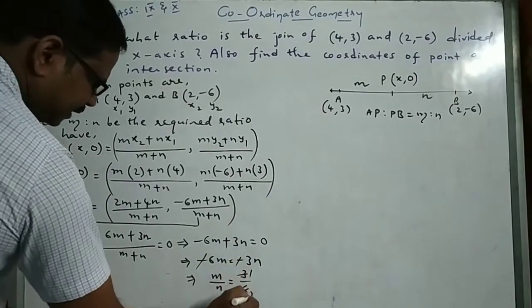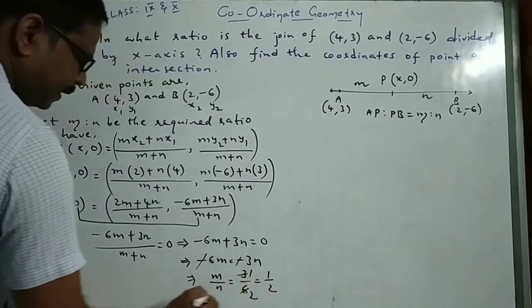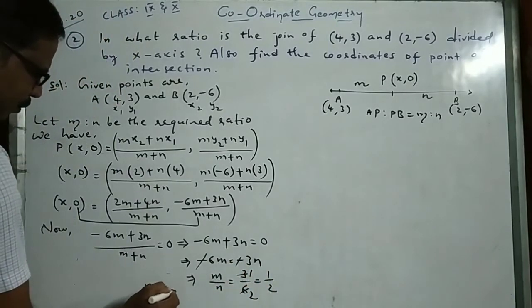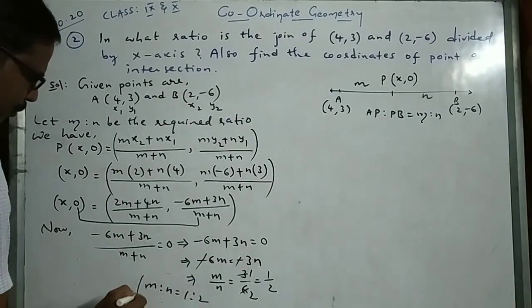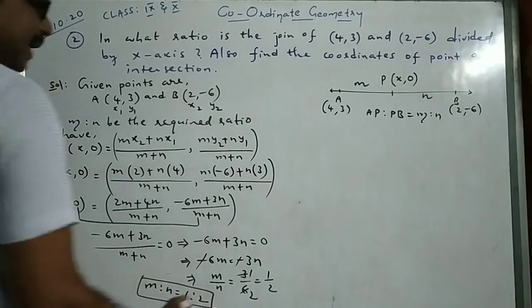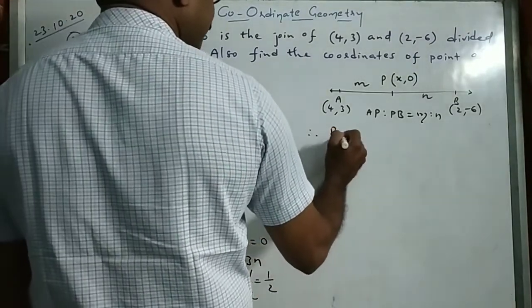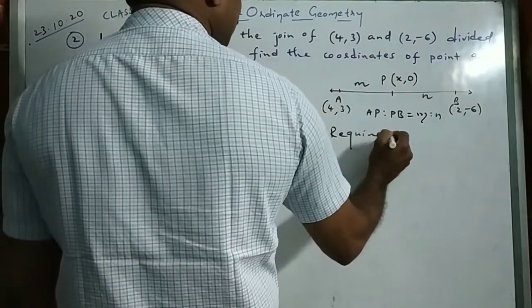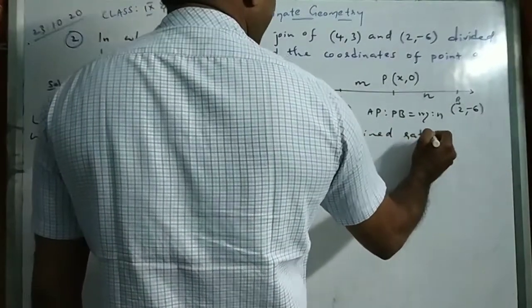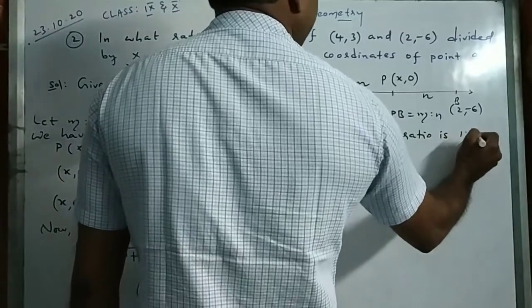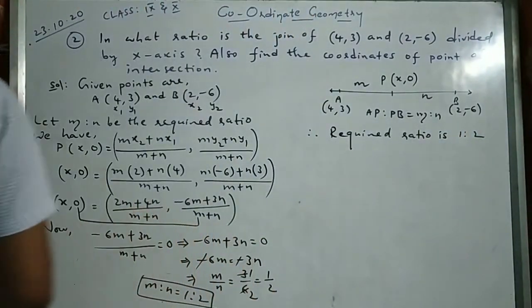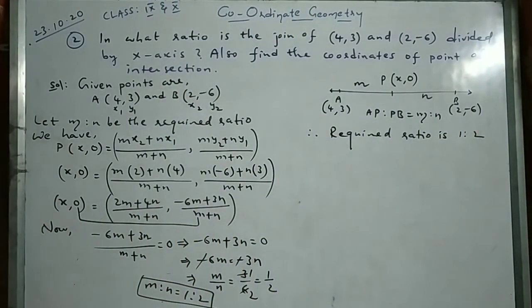Shift that side, 3 ones are 3, 3 twos are 6. So 1 by 2 means m is to n equal to 1 is to 2. What did I get as the ratio? Therefore, the required ratio is 1 is to 2. I got the ratio now. The problem is not over.